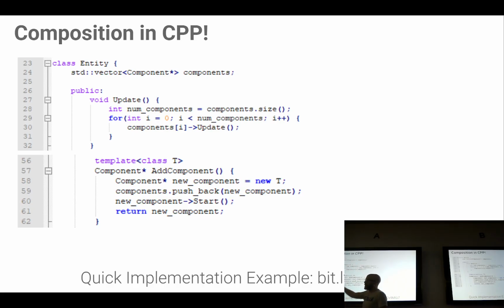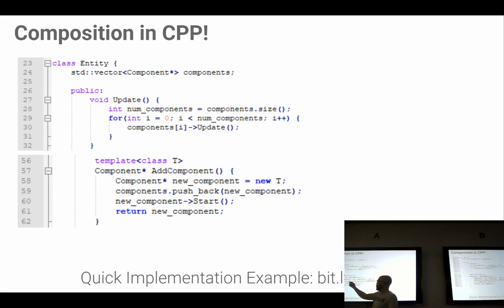Every single frame of the game, what are we going to do? We're going to iterate through every component that we have on this game object, and we're going to call update for that component. We have a function like AddComponent, templated class T, which means that we can add any type we want. We're going to instantiate, allocate memory for that new type.